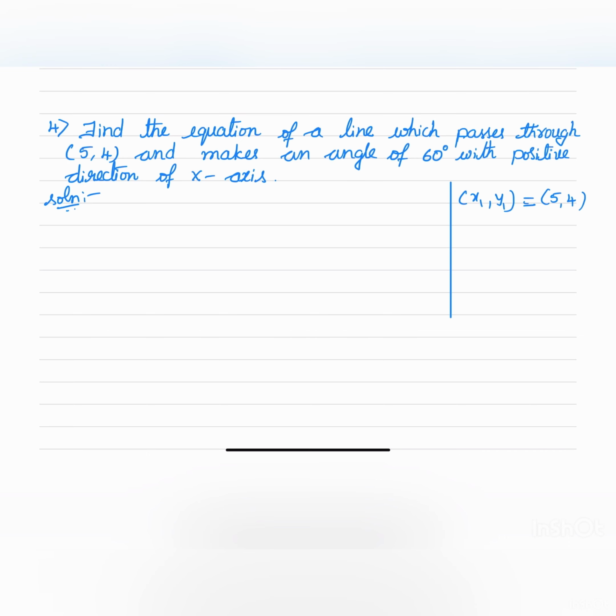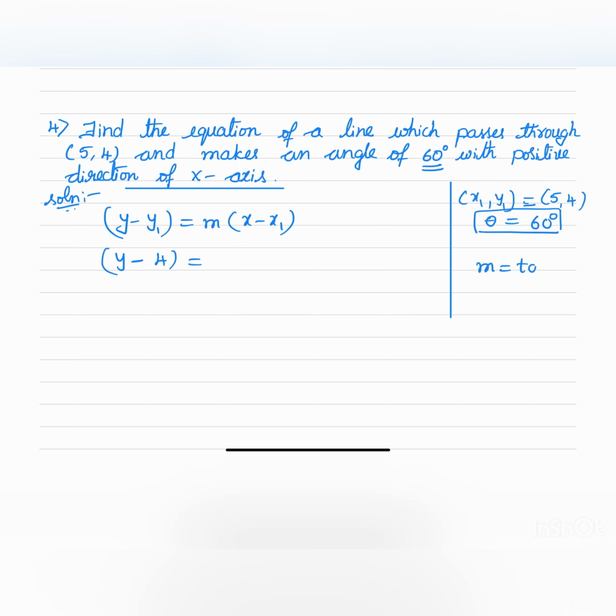And we have the inclination, that is 60 degrees, and since they have given the positive direction of the x-axis, it will be plus 60 degrees. And the equation, which we did in the previous one, is the same thing: y minus y1 is equal to m into x minus x1. Here y minus y1, that is y minus 4, is equal to m, which we don't know and have to find out.